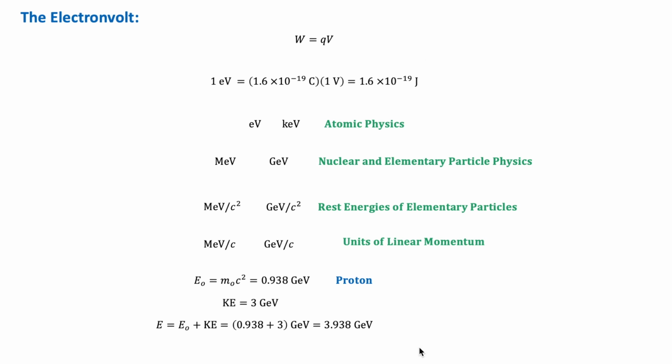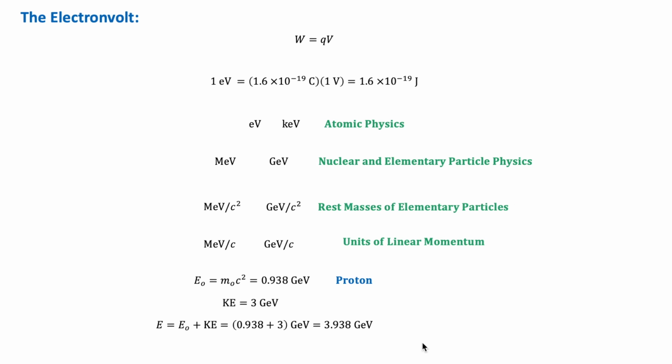In nuclear and elementary particle physics, the kilo electron volt is too small to be used, and the units used are the mega electron volt and the giga electron volt, okay? So this is 10 to the power 6 electron volt, and this is 10 to the power 9 electron volt.